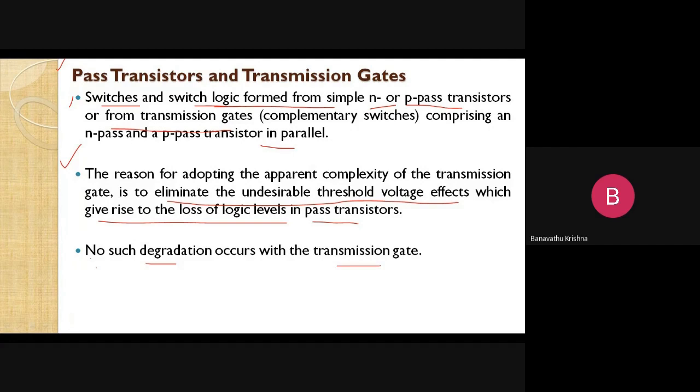That is nothing but degrading the level of the signal at the output side. That will be overcome by using another technique, the transmission gate. No such degradation occurs with the transmission gate, so the degradation is going to be reduced, right?